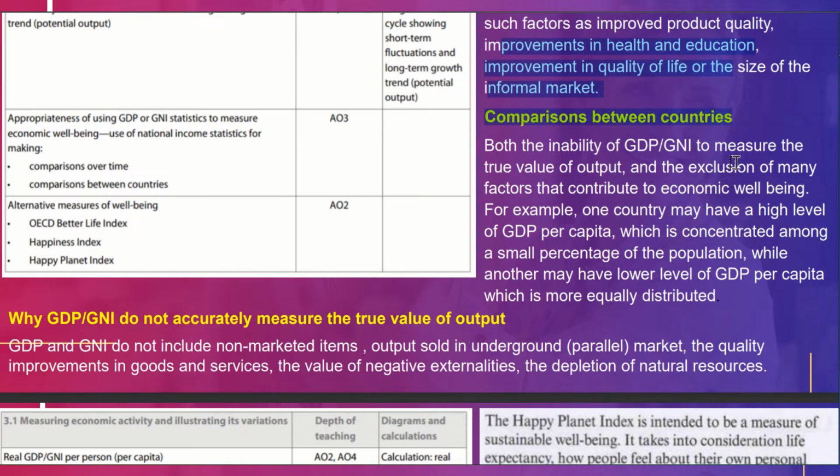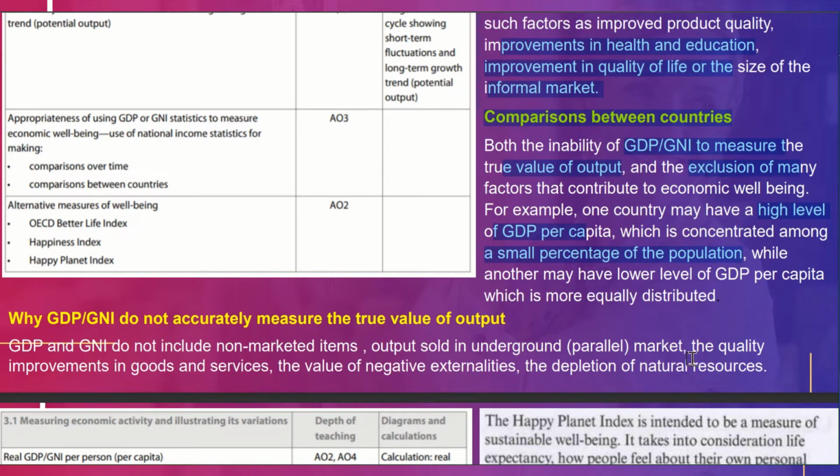And comparison between countries. Each country is different, and each country's economic system is different, with some countries advanced and some countries backward. So do GDP and GNI both measure the true value of output? It is not true actually; to some extent it is true, but it is not completely true. See, both these measures exclude many factors. For example, one country might have a higher level of GDP per capita which is concentrated among a small population.